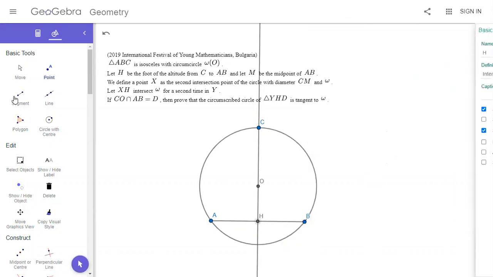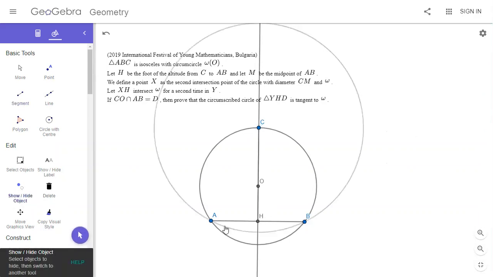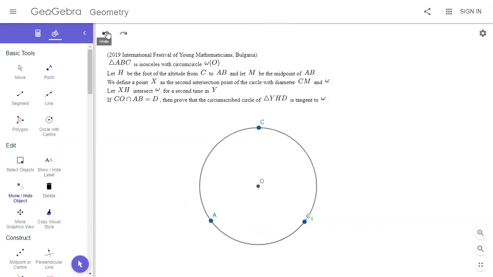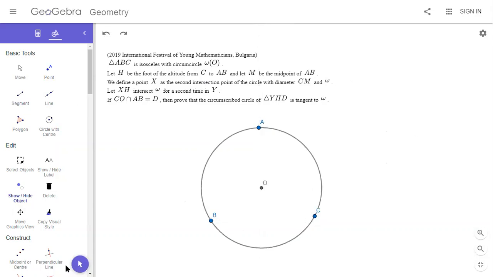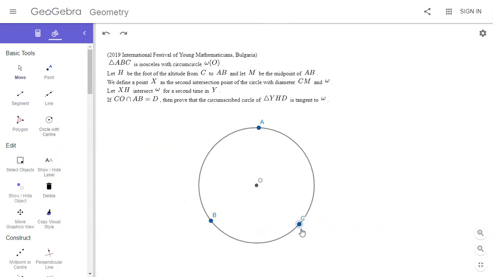All right. Oh, no, it should have been, because otherwise H and M are the same point. So I think actually it is like this. Okay.